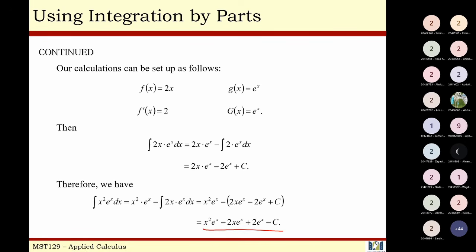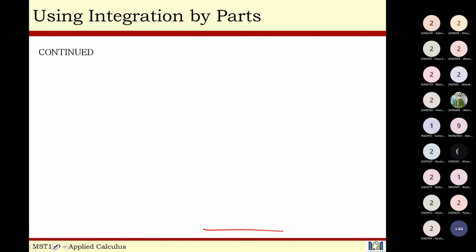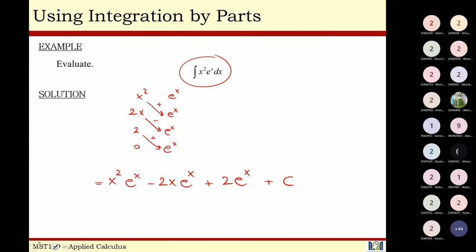This. Okay. How will it be solved? Which one? This one? This one, Ibrahim?